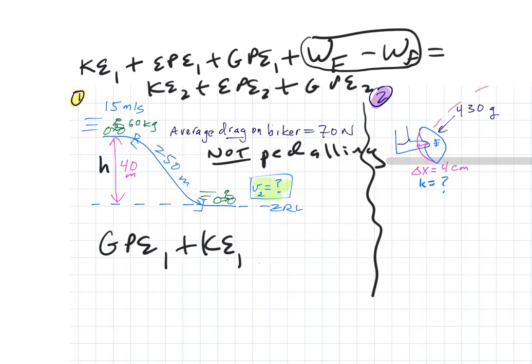So there's no work due to a force that's adding energy to the bike except for the gravity, but that's taken care of in the GPE. Gravity is already taken care of. There's no average drag. Okay, we have drag on the bike, so we have work due to friction. Okay, at the end, he's not at any height at the bottom of the hill, but he's moving fast, so we have KE2.